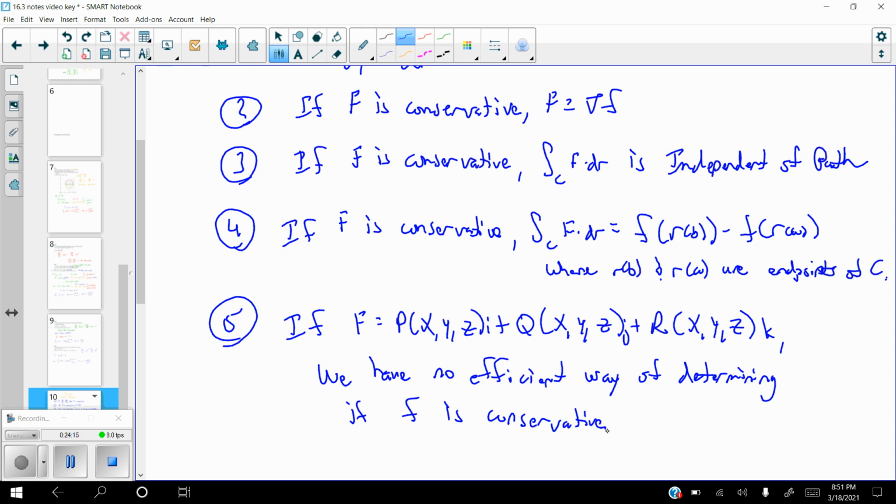So we did that one when we did the 3-dimensional one, but it told us that capital F equals the gradient, which implies conservative. If we are just given this vector field, we have no efficient way of determining whether F is conservative unless they tell it to us yet. It's coming.